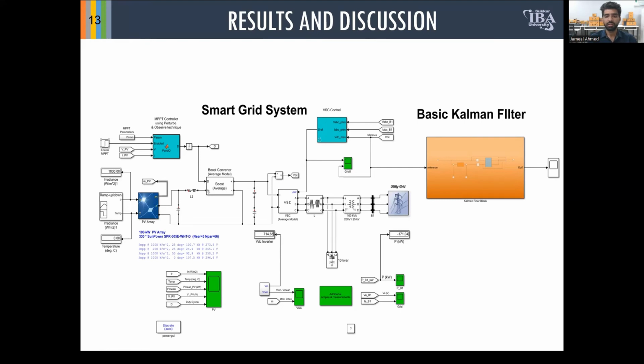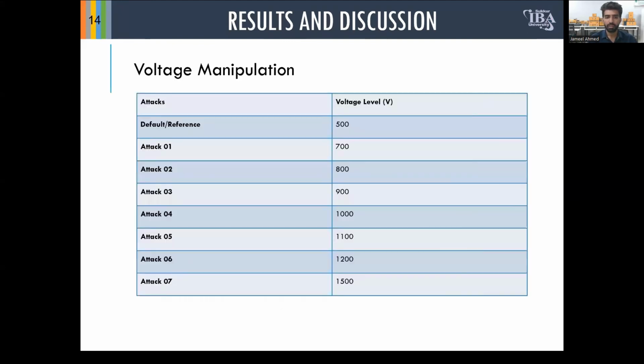So we are manipulating the voltage in the VSC controller manually. We are considering this as an external attack, right? Moving ahead, as I told, the reference or default value for the smart grid was 500 volts. That was for the normal operating conditions. But after that, we manipulated the voltage in the VSC controller.